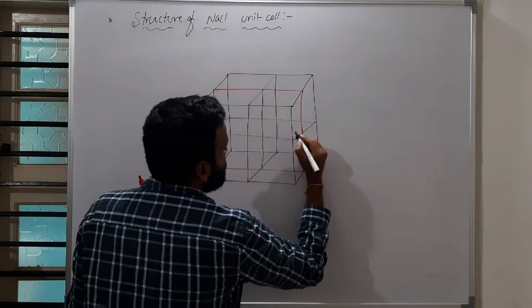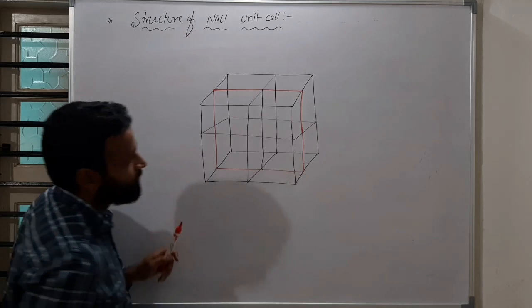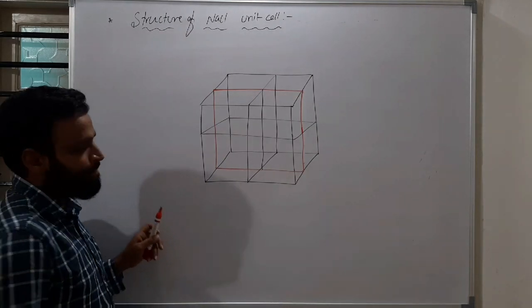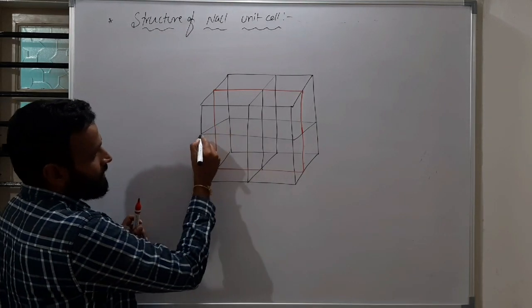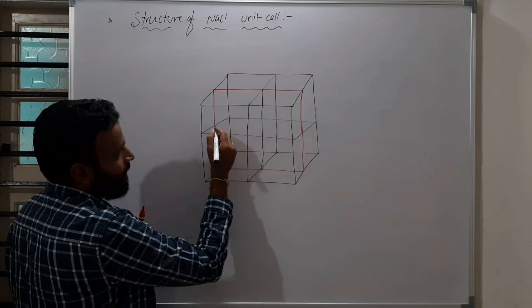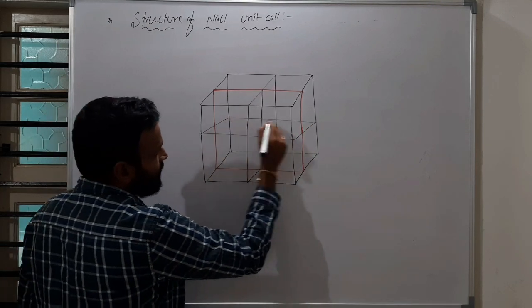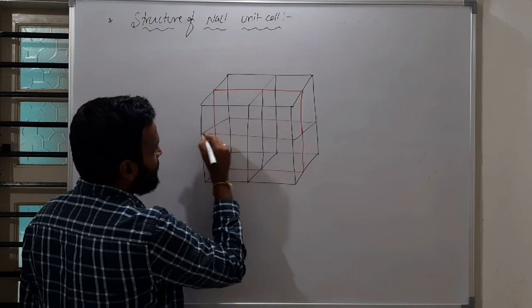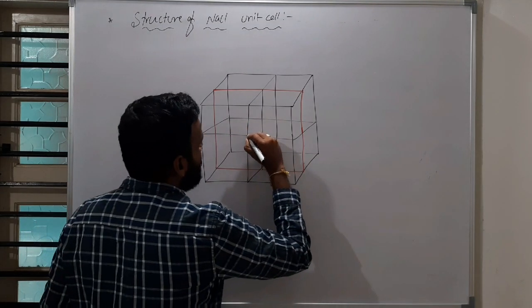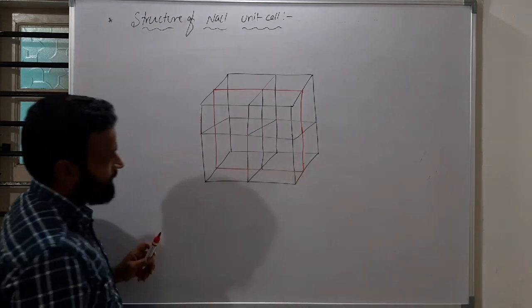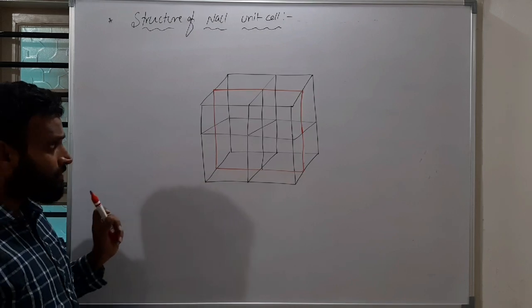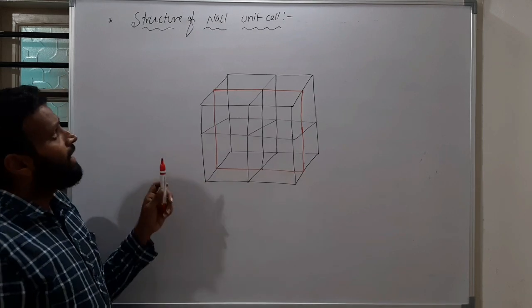Hope you understood. Is it complicated? I drew this line and this line, combined here to here and here to here, and in the middle you draw one more line like this. So this is the NaCl unit cell.